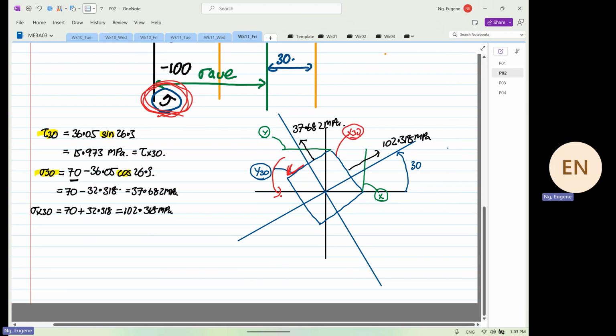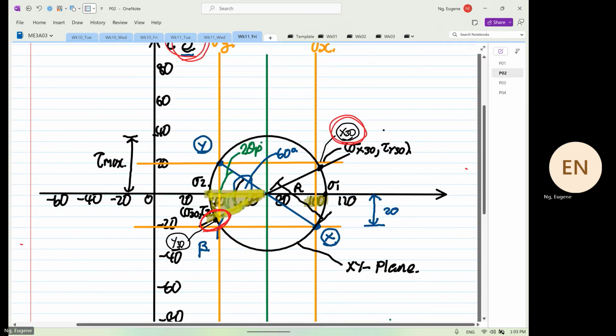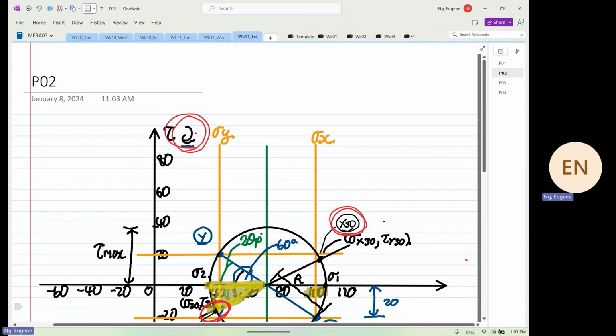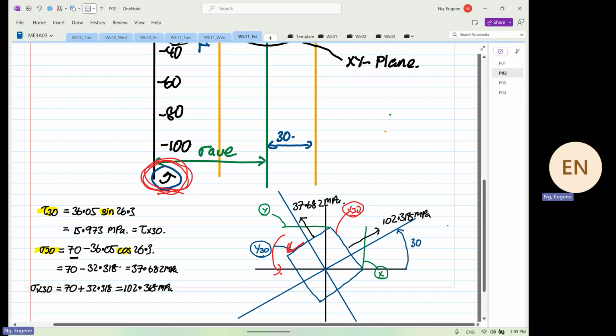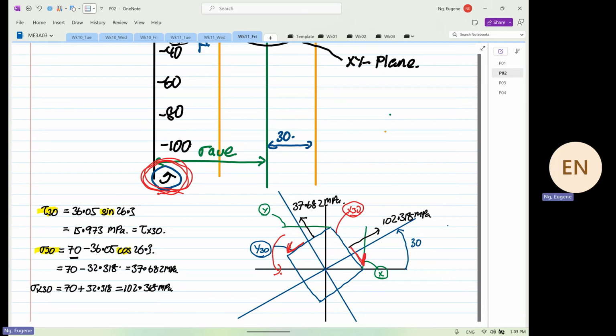It has to go in a clockwise direction. So the shear will be going up the slope or down the slope? Down the slope. So this is our shear, and we write our shear over here. The value is equal to 15 point what? 973. Are we clear?